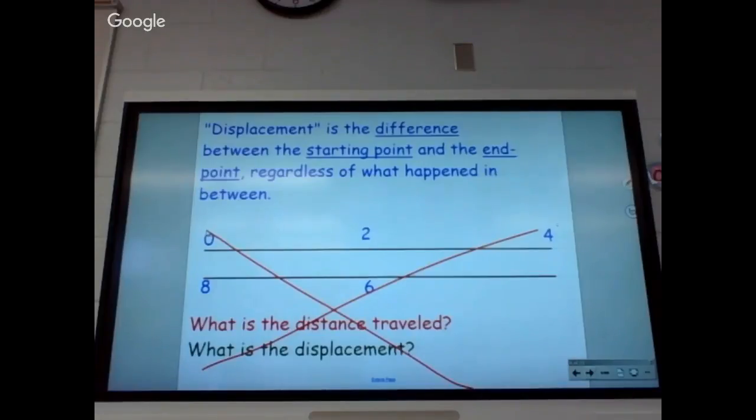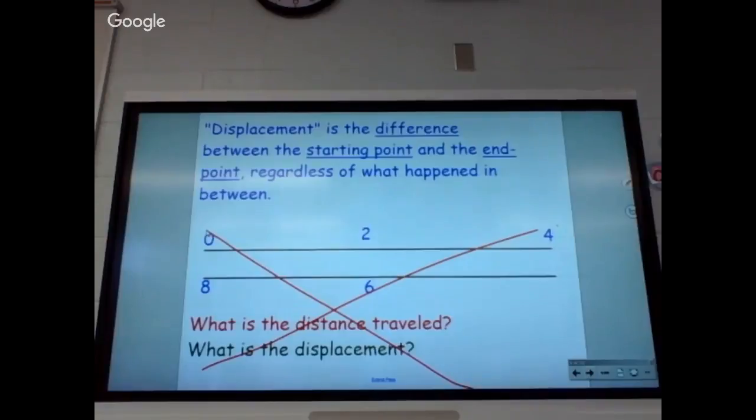Displacement is looking at the difference. What does difference mean in math class? To subtract. So we're looking at where we start and where we end and the difference between them.